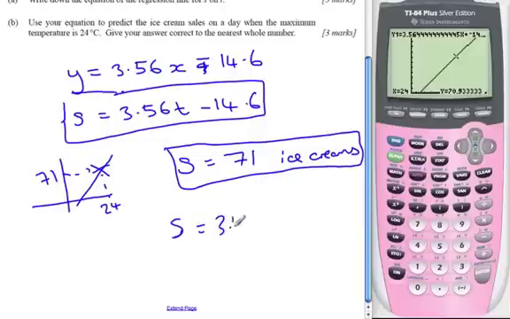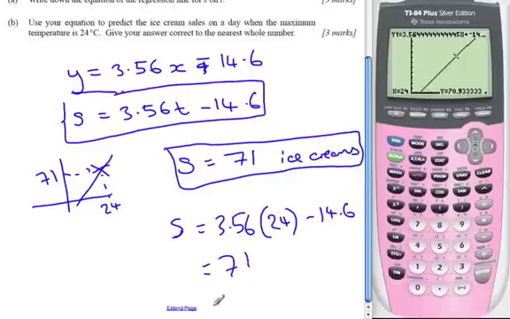So s equals 3.56 times 24 minus 14.6. Takes a little bit longer, but for some of you, you might be quicker at that. Either way, I think if you take Mr. Cole's advice and you put the regression line straight into y1, then you will easily save yourself time for these 6 marks. You can do it nice and quick like that. Good?